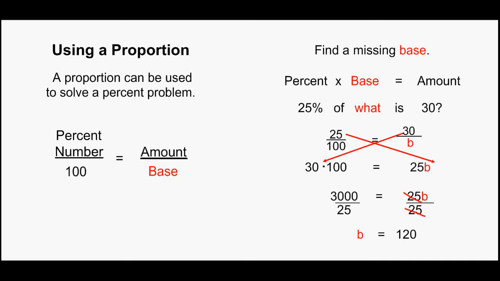Divide both sides by 25. B equals 120. 25% of 120 is 30.